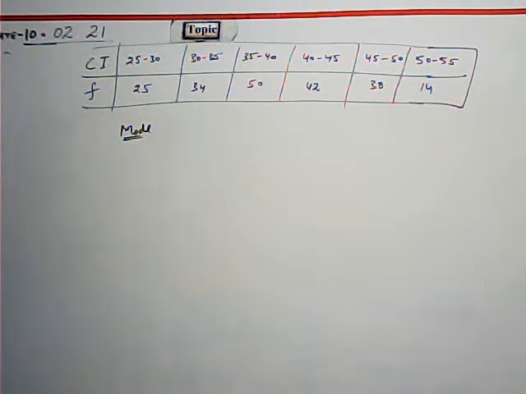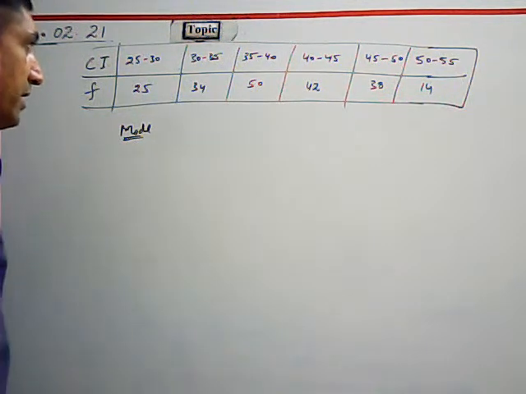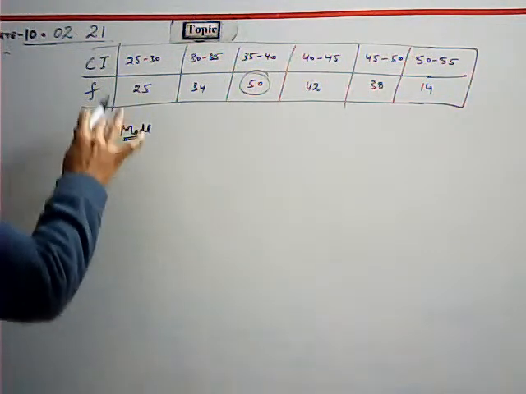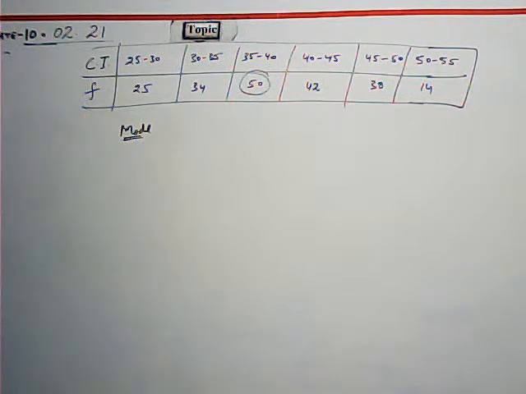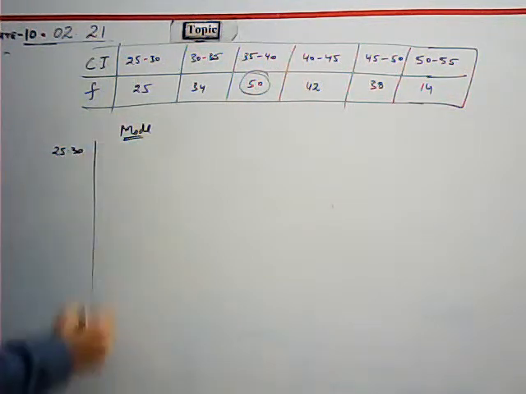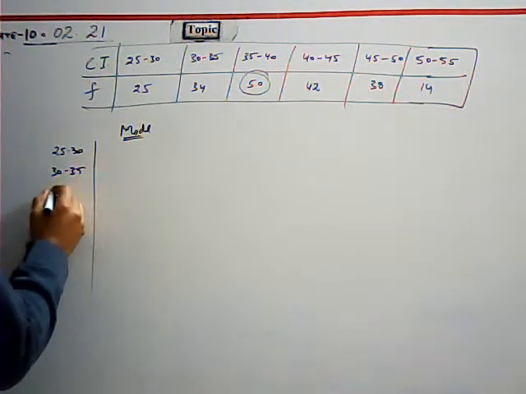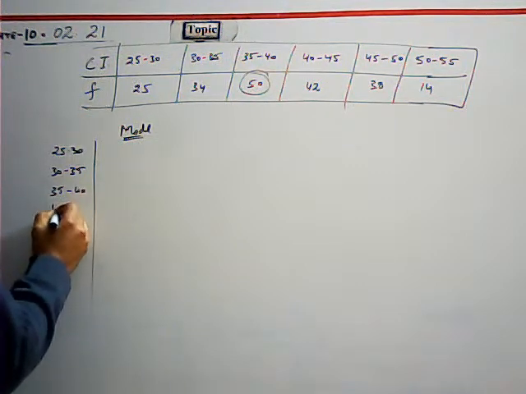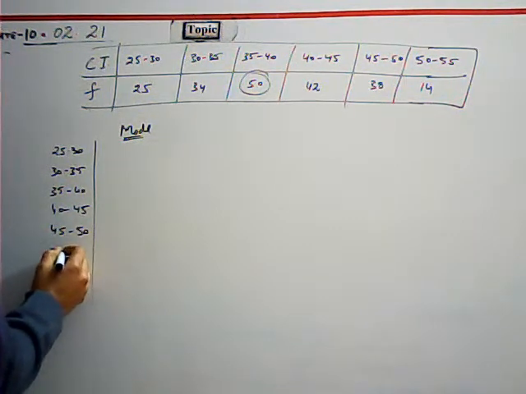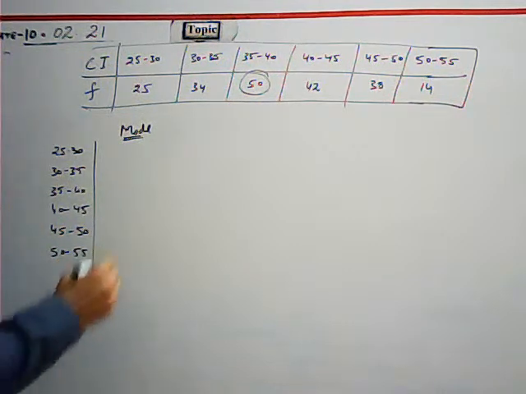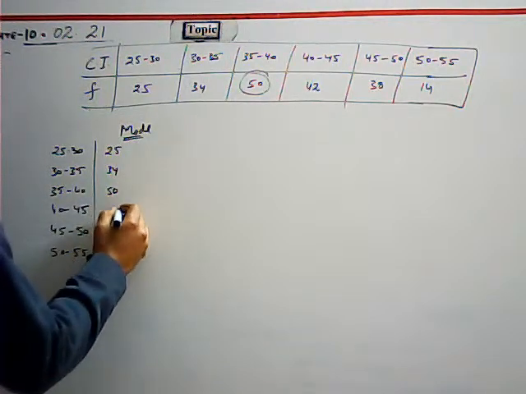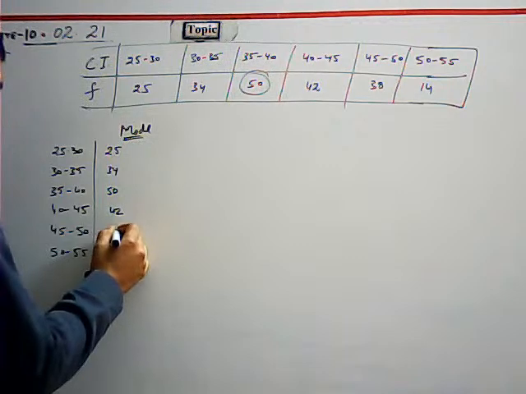For the mode, we choose the highest frequency, that is 50 here, right? If you are more comfortable, you can write the data vertically: 25 to 30, 30 to 35, 35 to 40, 40 to 45, 45 to 50, and 50 to 55, with frequencies 25, 34, 50, 42, 38.